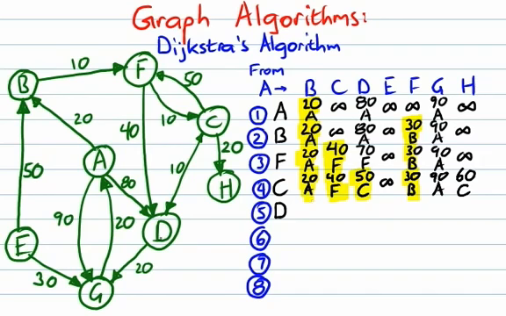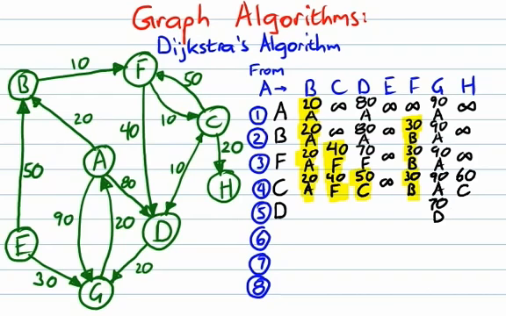From vertex D, we can get to vertex G at a cost of 50 to get to D in the first place, plus 20 from D to G, grand total of 70. 70 to get to G, well, that's an improvement over the direct route from A to G, which was 90. So 70 is better than 90, so we pick 70 instead, and that's via D. But that's the only new path we have.